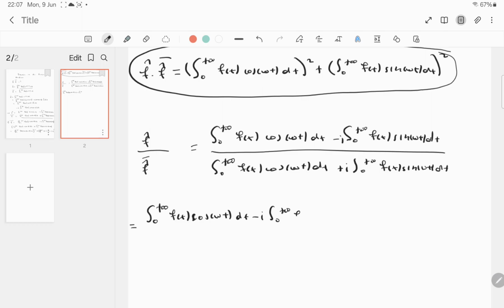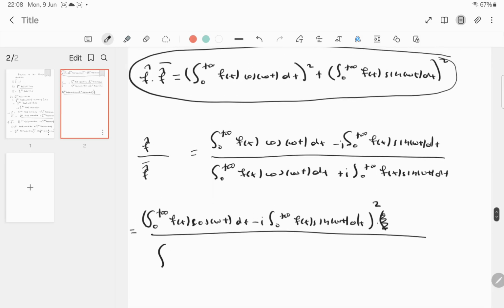I rewrite it, and I multiply by the conjugate of the denominator, which is going to be that one with a minus, squared here.